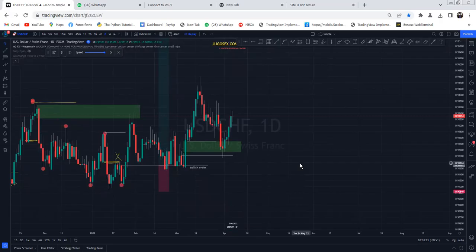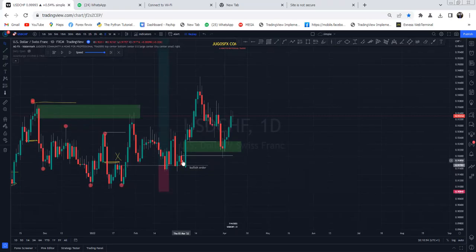You can ignore little body candles when there is a big candle around that area, all right? When you have a situation like this, you choose the big candle, the candle with a big body next to it, okay?